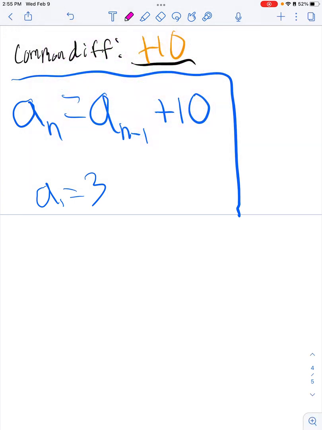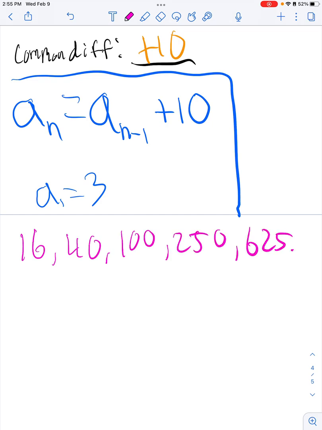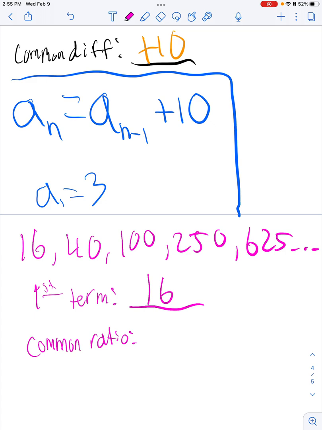All right, one other example like that. 16, 40, 100, 250. This is most likely going to be geometric. My first term is 16. My common ratio is, well, let's figure that out.